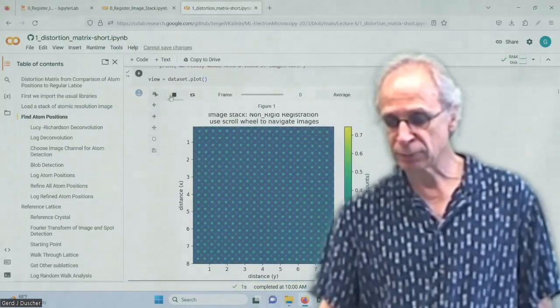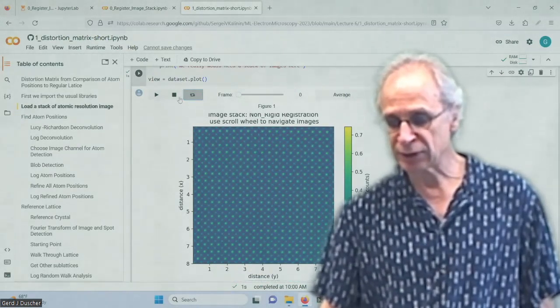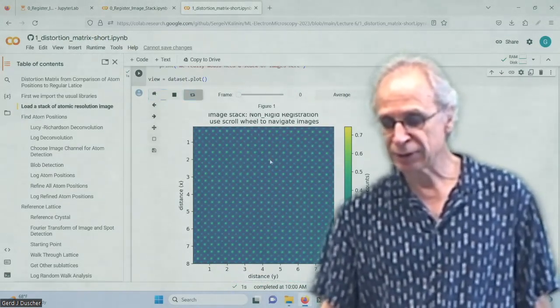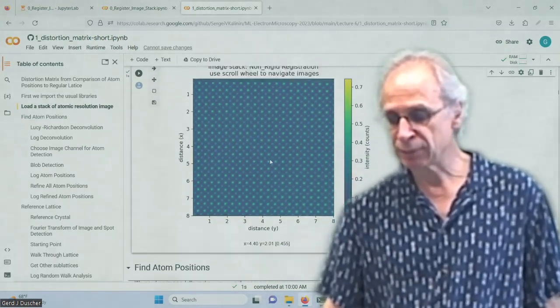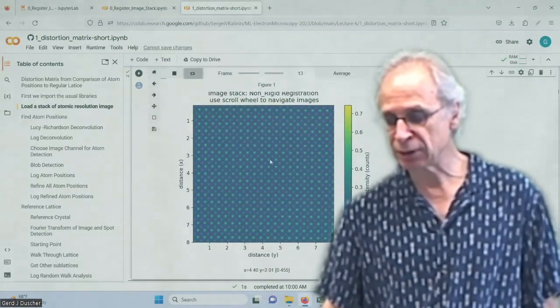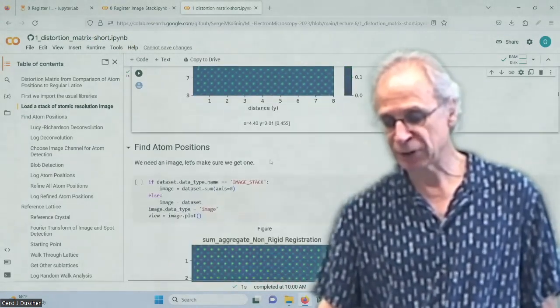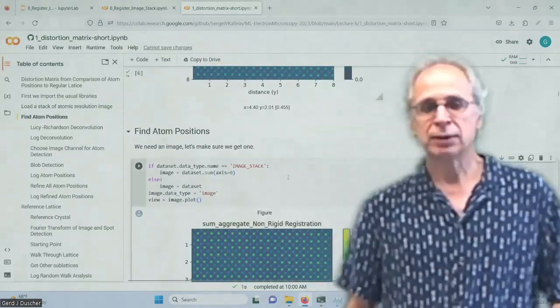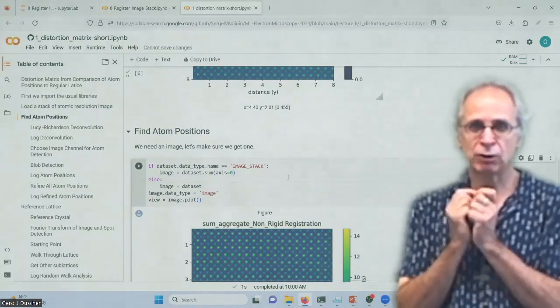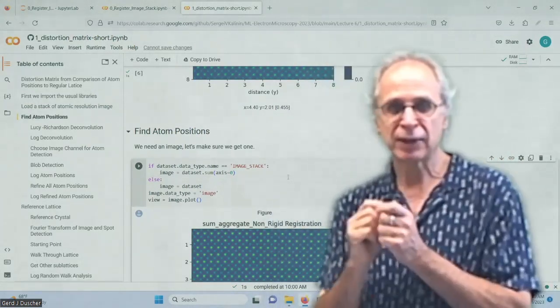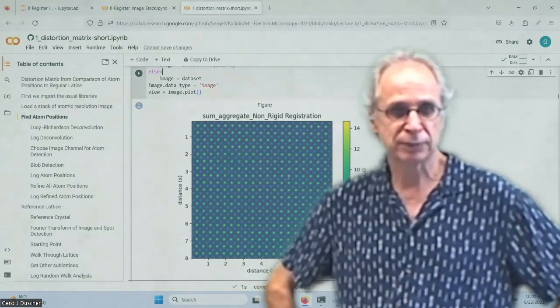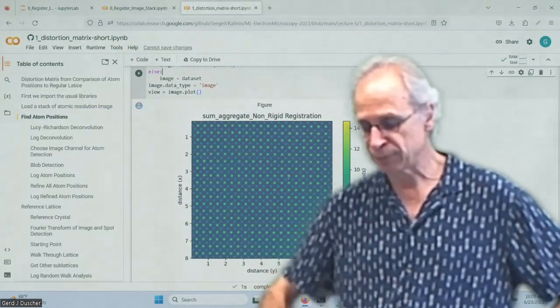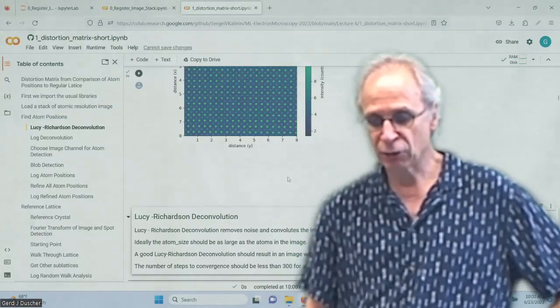And as I said, normally this doesn't work in most of the things. Okay. Anyway, we have to find now the atom positions. And even though this is a good image, it's not going to be good enough. So first of all, we sum it.